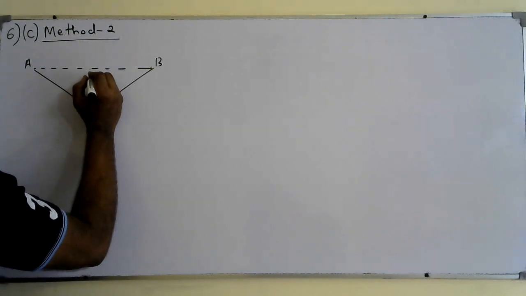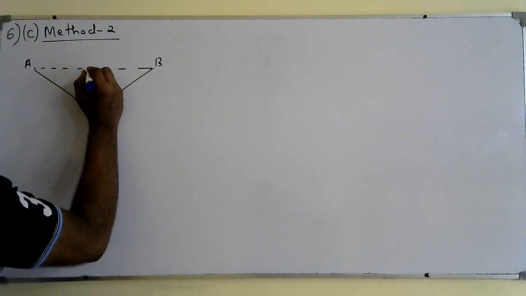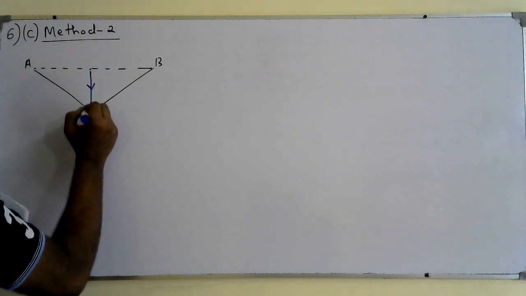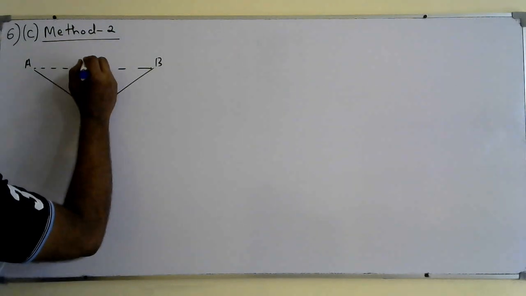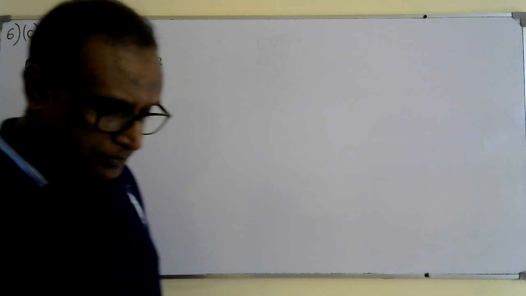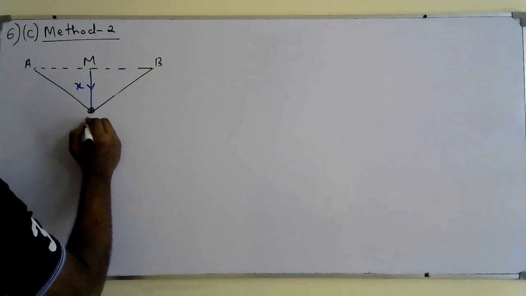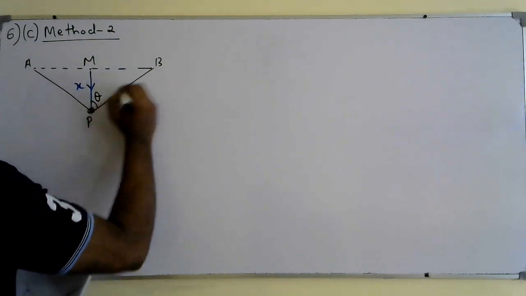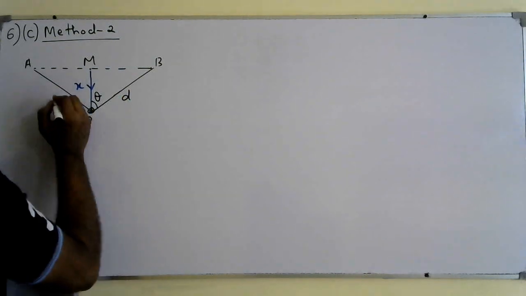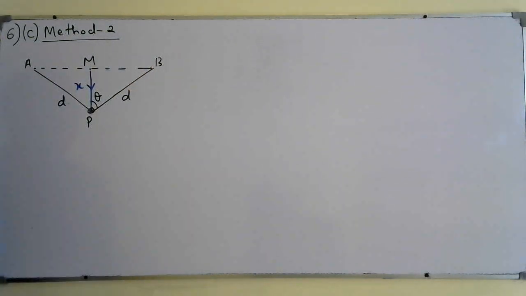We'll take the particle at a depth x below the M. This is the M. Below that it's at a depth x. x is measured from M in that direction. So this is the point M. The particle was initially here, and this is the particle P, this angle theta. Let this side P be length D, so this is also D. This is MB, 0.4, we know that already.